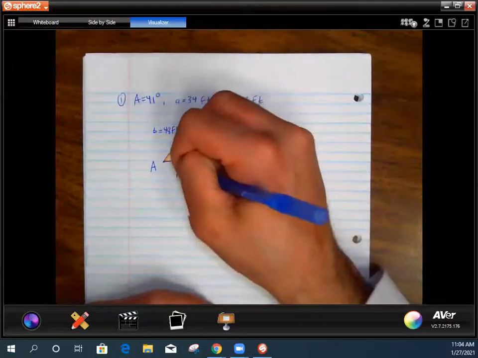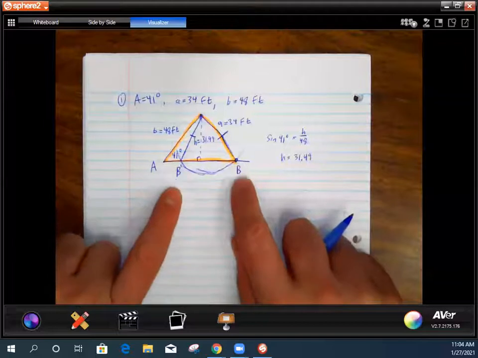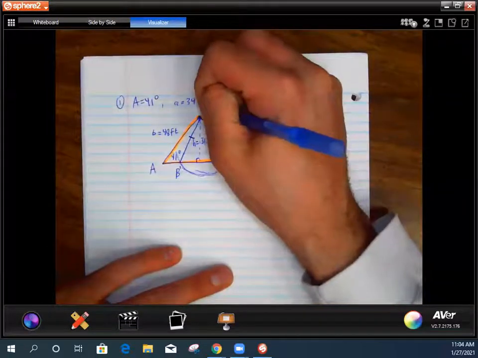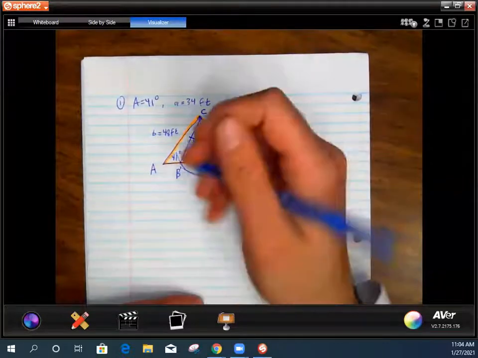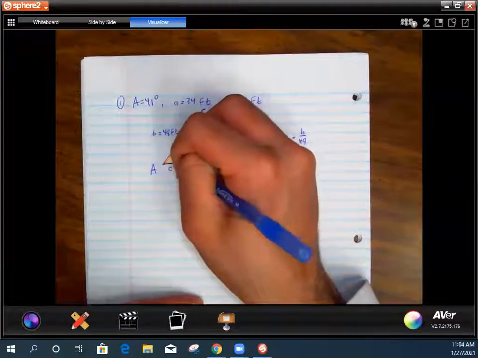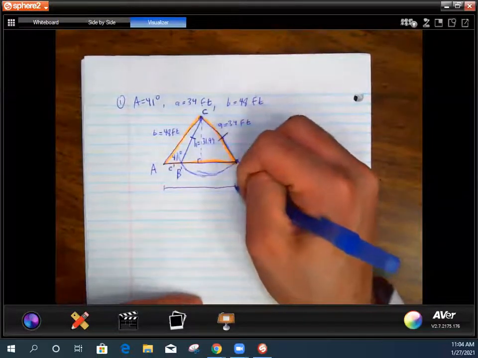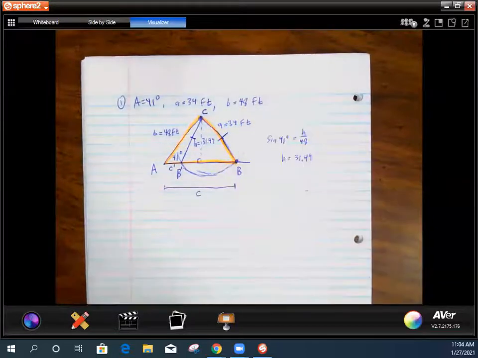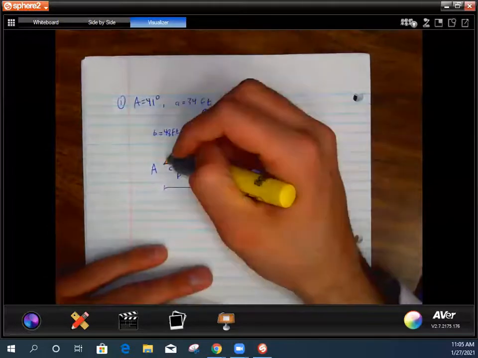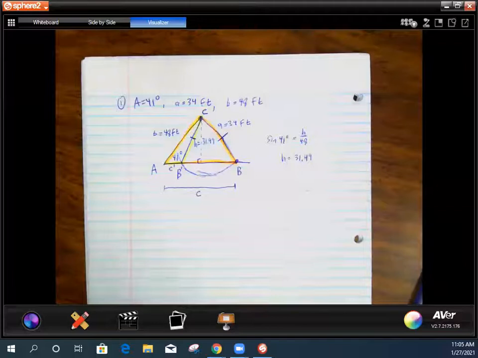So we'll call that B prime, just to show that it's different from this point, but it's still across from side B. And this would be C. So this little side here would be C in the smaller triangle, and from A to B would be side C in the bigger triangle. So you have that triangle in orange highlighted, and you also have this triangle in yellow highlighted.